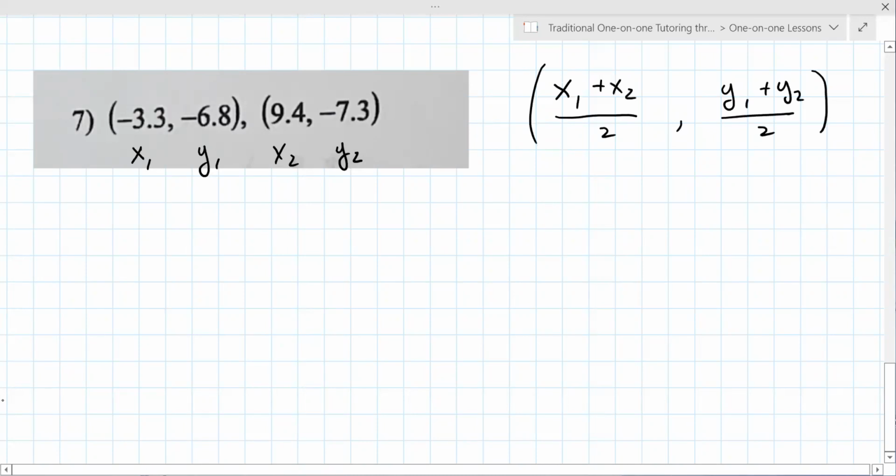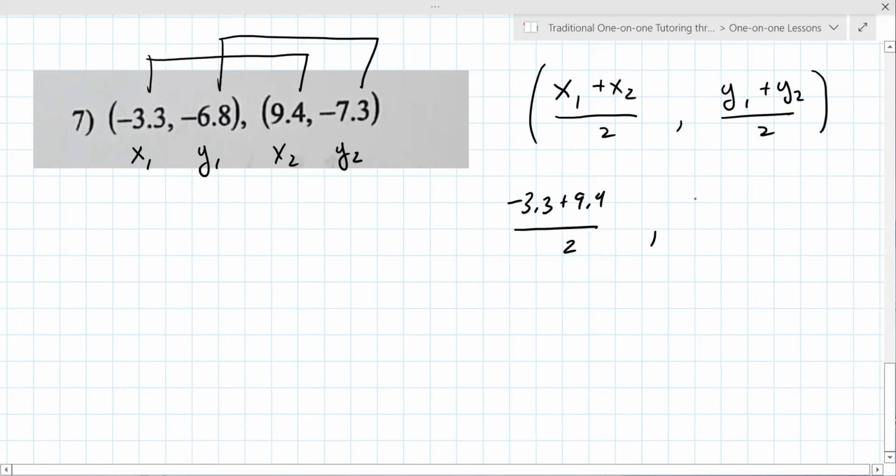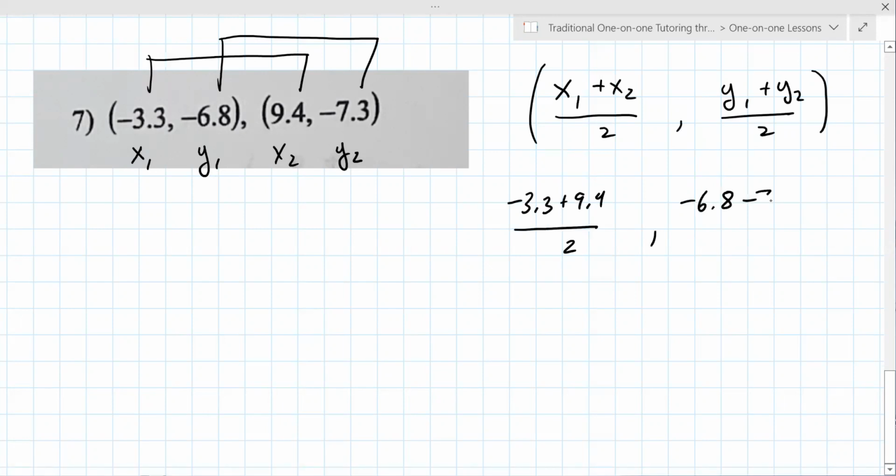And then all we're doing is just substituting those numbers, and we're always combining the first two numbers and then the second two numbers. So minus 3.3 plus 9.4 divided by 2, minus 6.8 minus 7.3 divided by 2, like that.